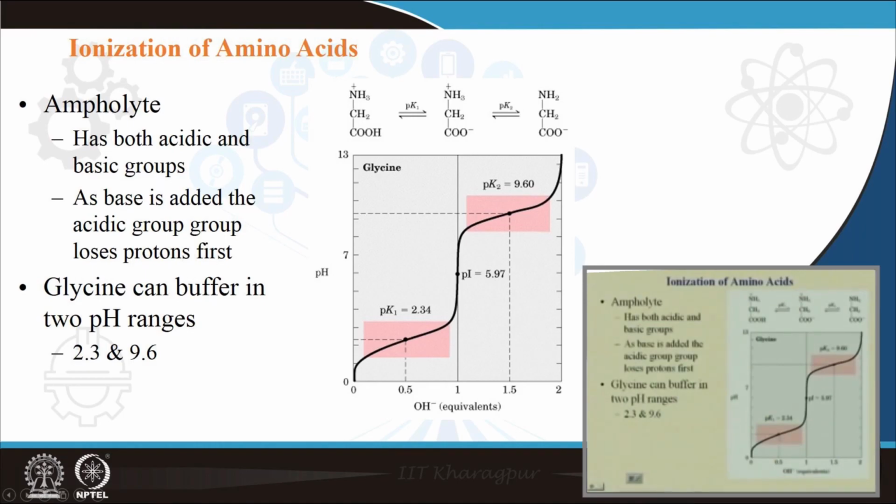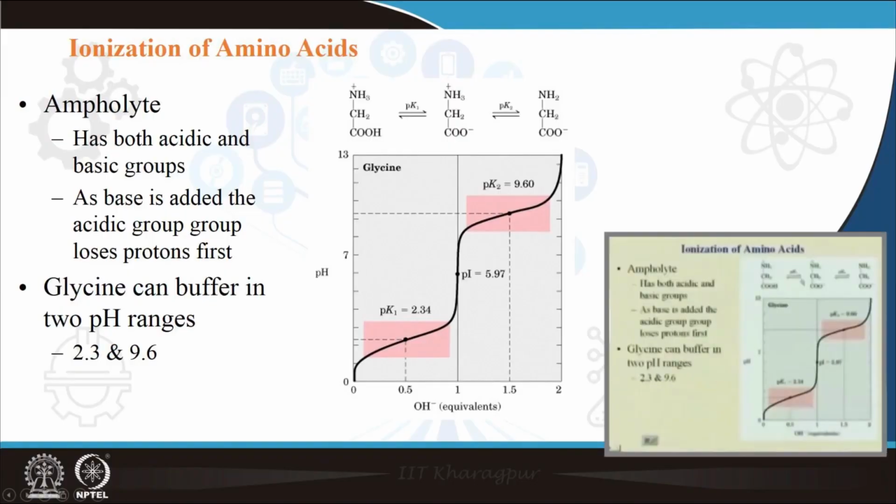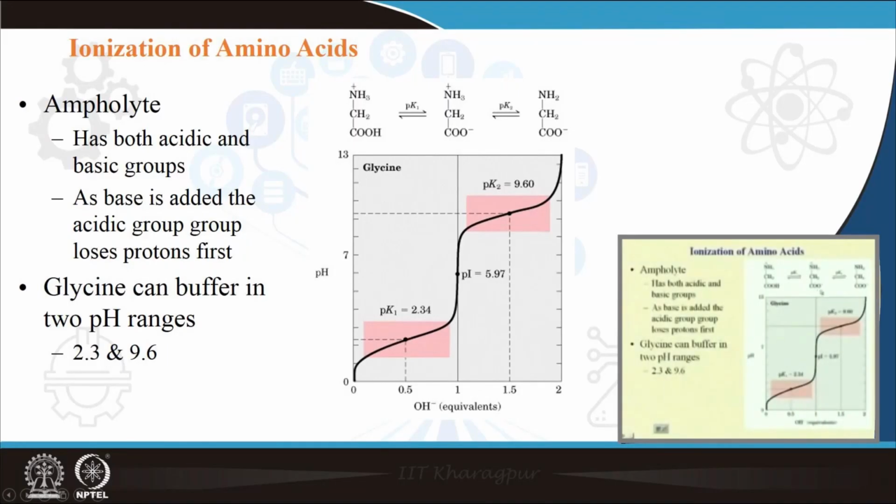What does this mean? It means that at this point I have an equal amount of the carboxylic acid anion, the CO minus, and the COOH. Now it is in its zwitterionic form. I keep on adding OH minus. As I add OH minus further, what is going to happen?